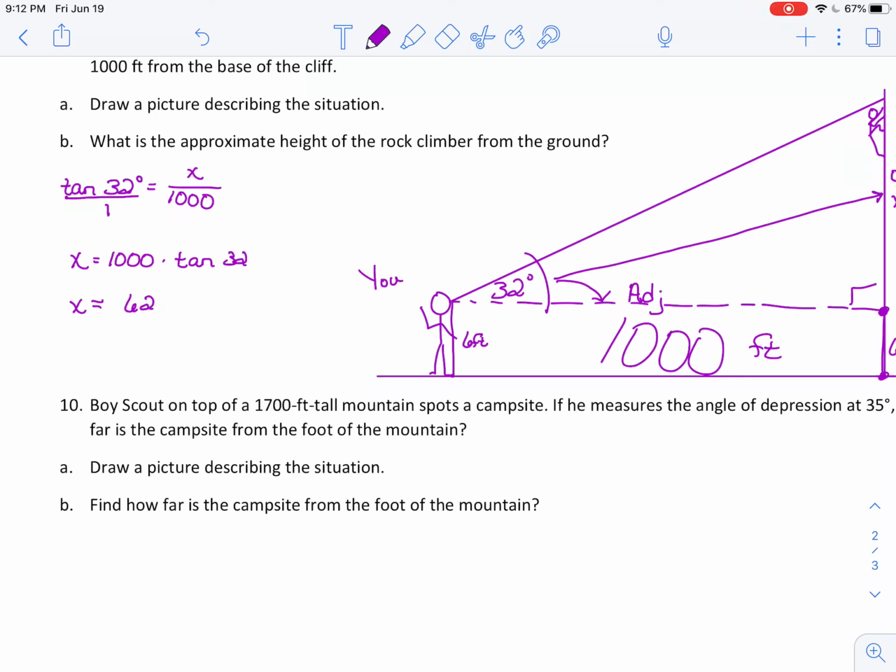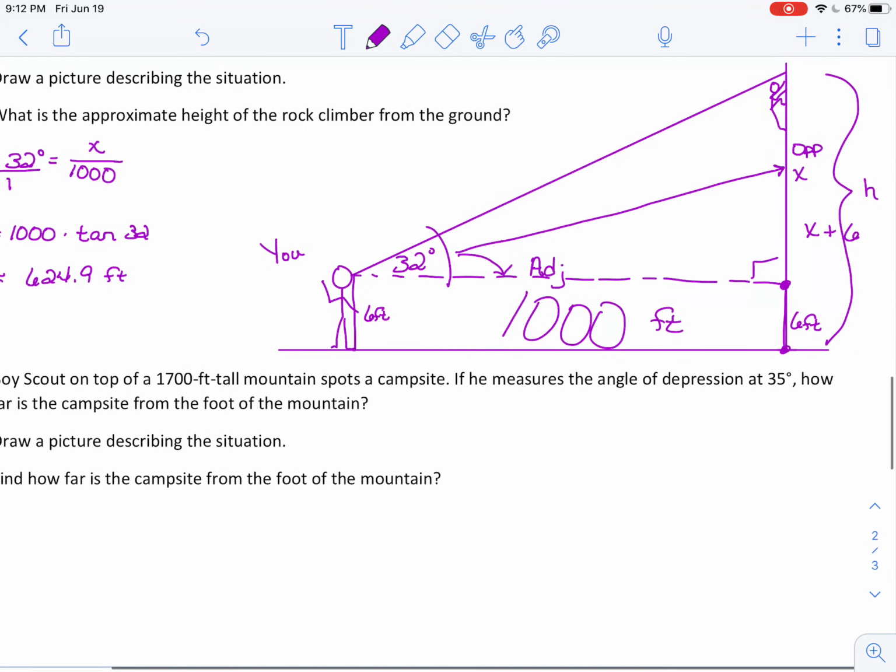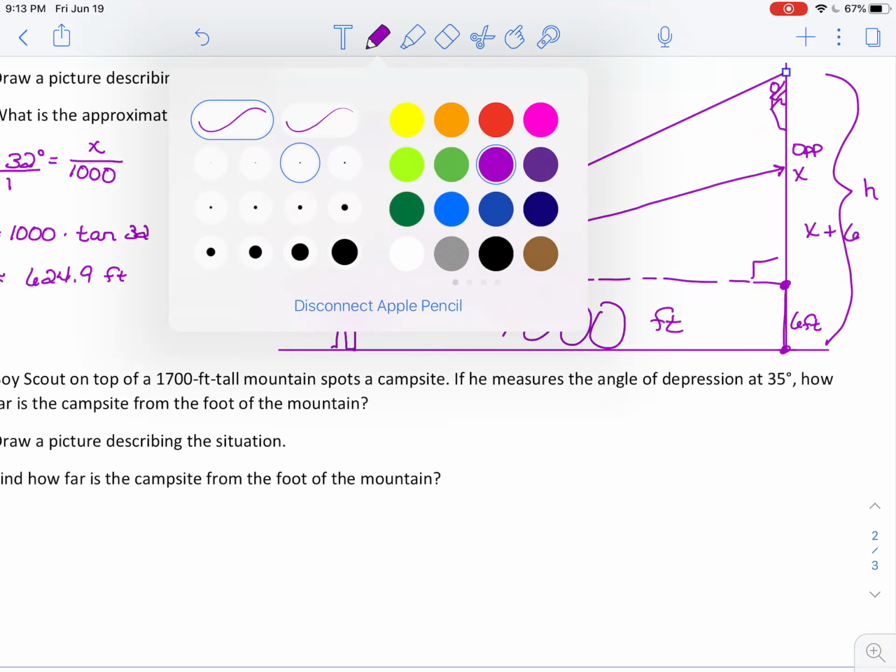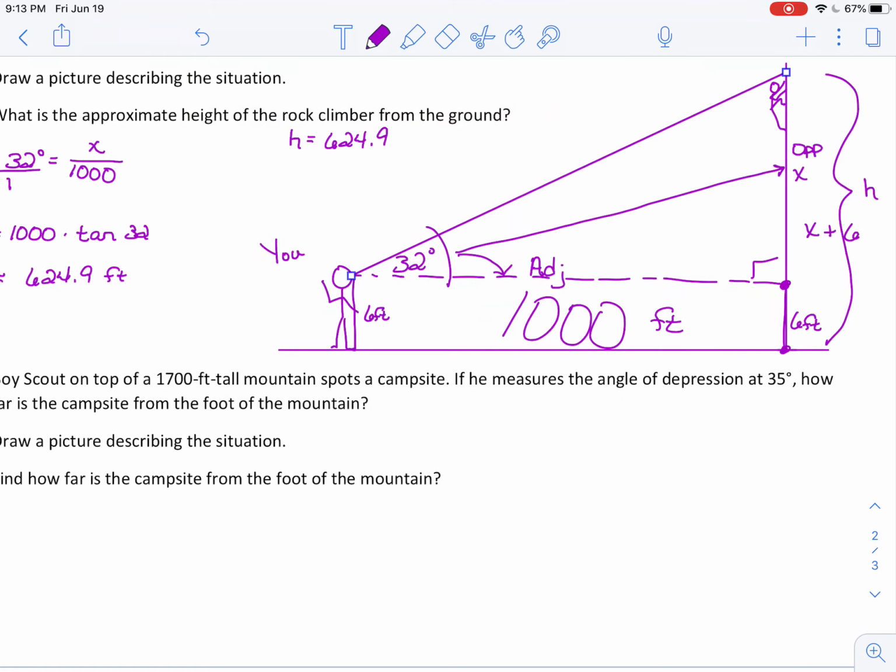And I'm seeing 62.49-ish. And again, that's just X. I want the height of the rock climber off the ground, so I need 6 more than that. So I'm going to say the total height is that 62.49, that first part of the triangle, plus 6 more.